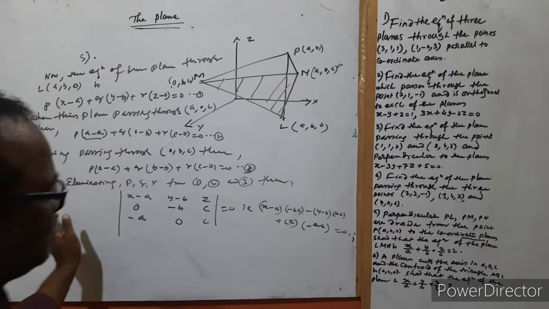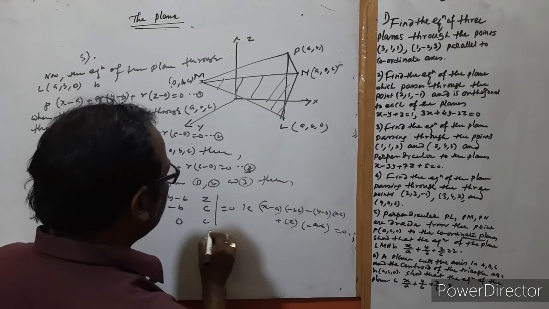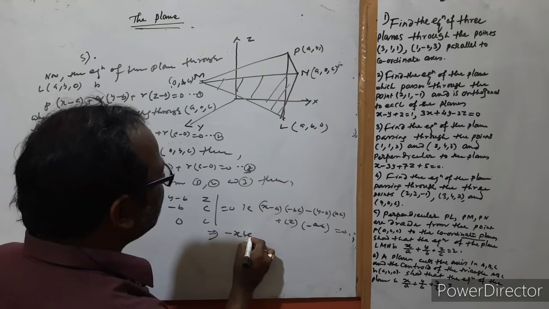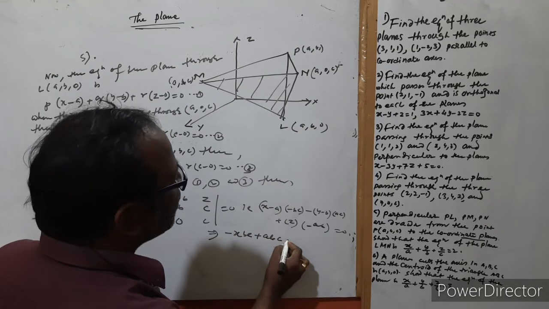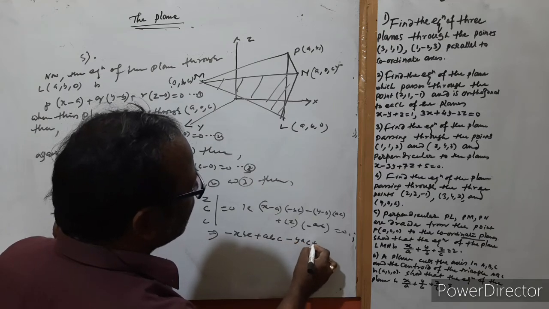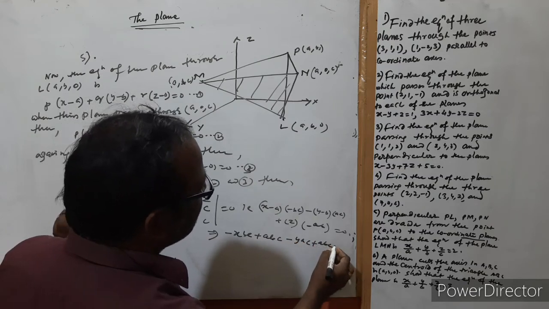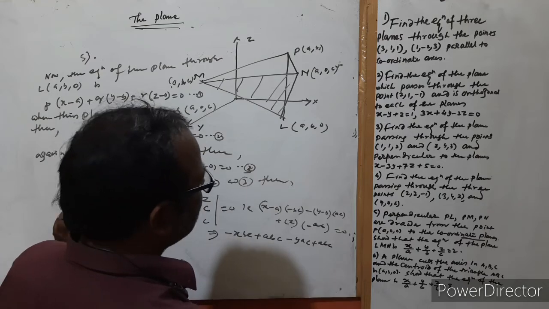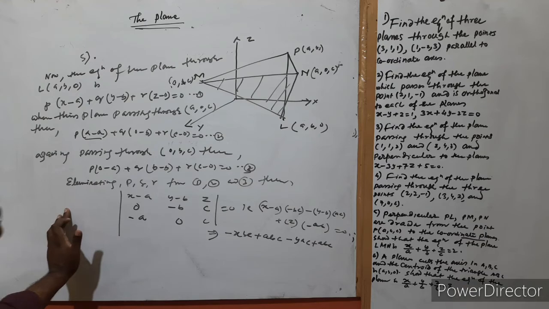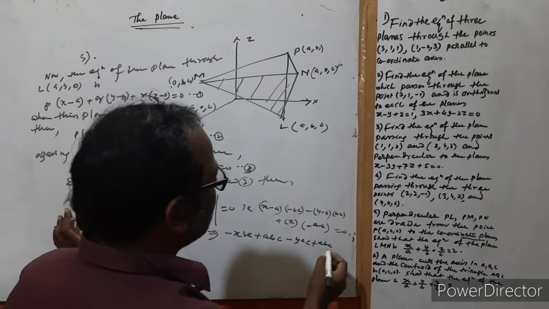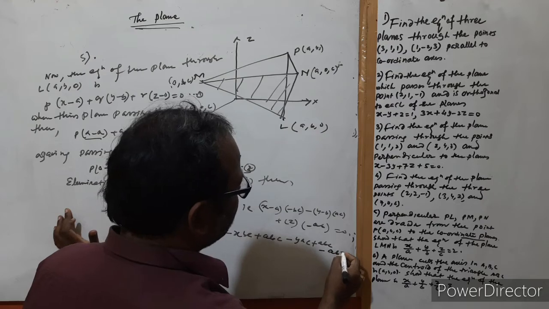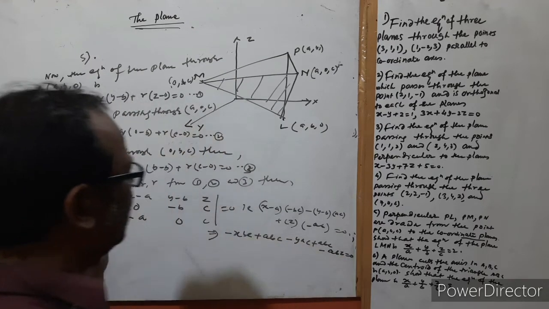Now that is minus xbc plus abc, minus yac plus abc, minus abcz equal to 0.